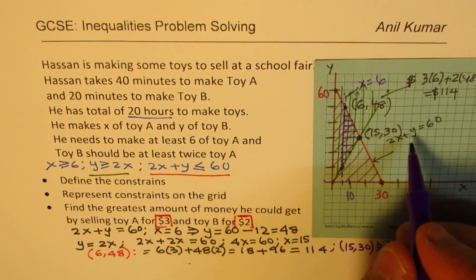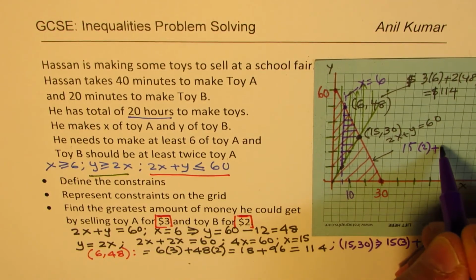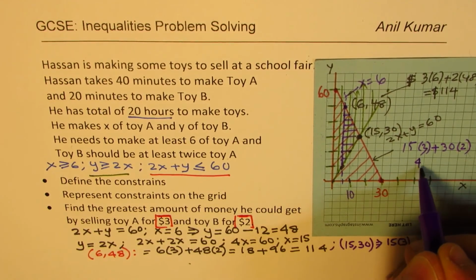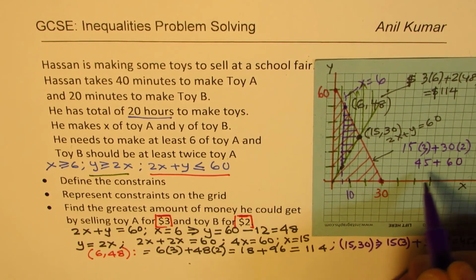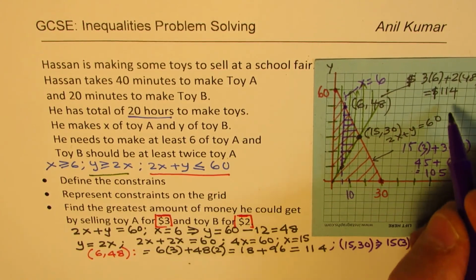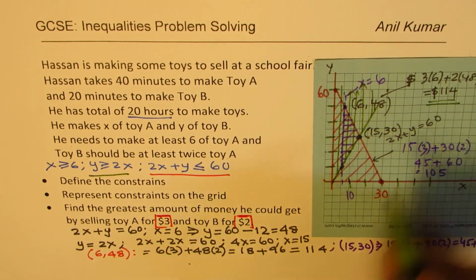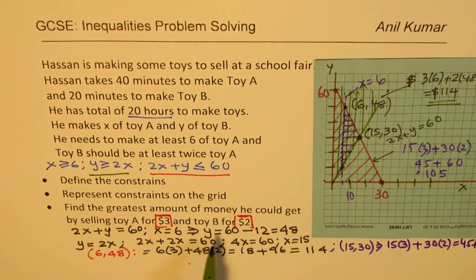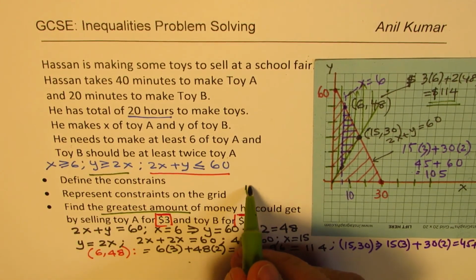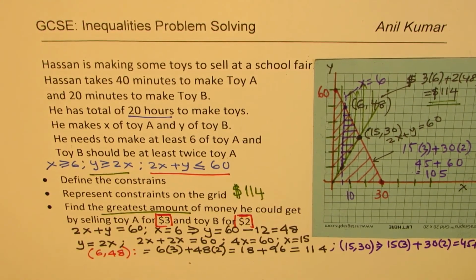So here, let me write down, 15 times 3 plus 30 times 2, which is 45 plus 60, which is 105, right? So clearly the higher value is 114. And therefore, in this case, the greatest amount earned will be 114 dollars. Is that clear to you?